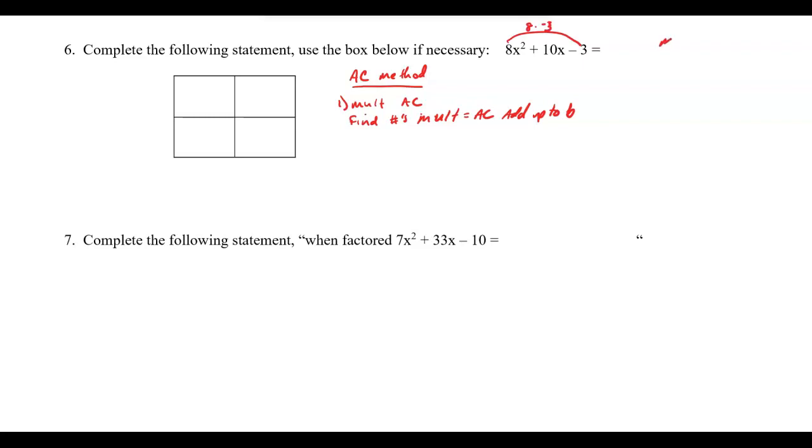So we need to find the numbers that multiply to give me negative 24 and add up to equal B, which is 10.